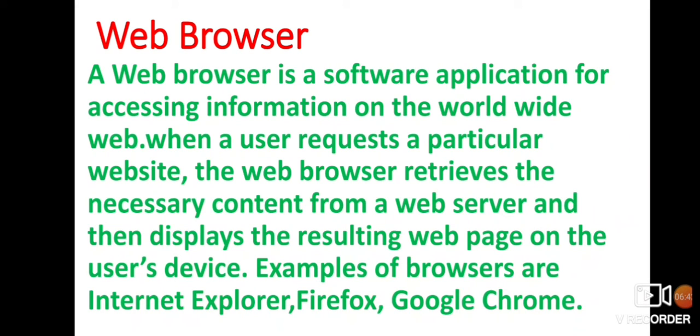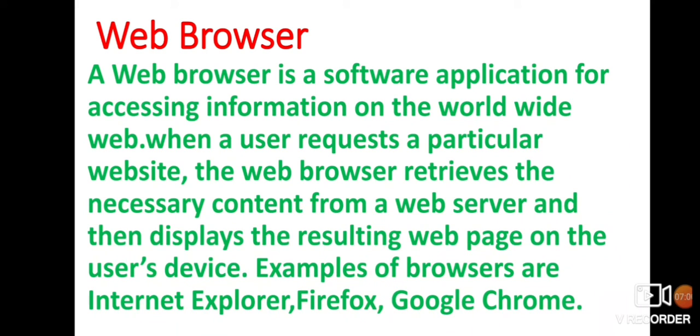Next web browser is Firefox from Mozilla. It is also a web browser which is used for accessing information on the World Wide Web. And nowadays there is a popular web browser, that is Google Chrome from Google.